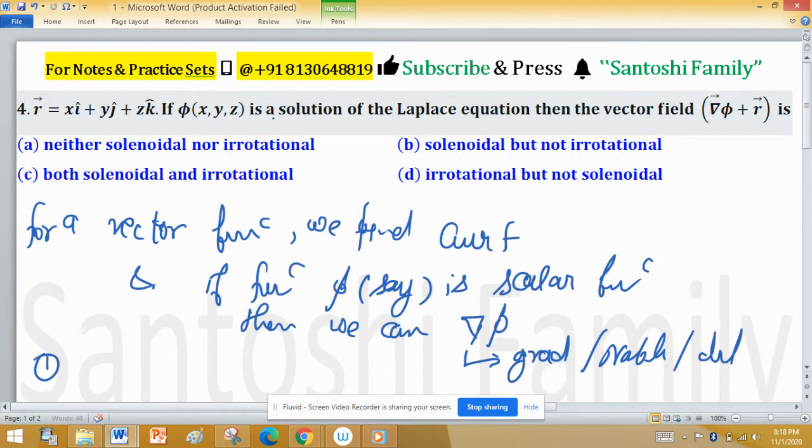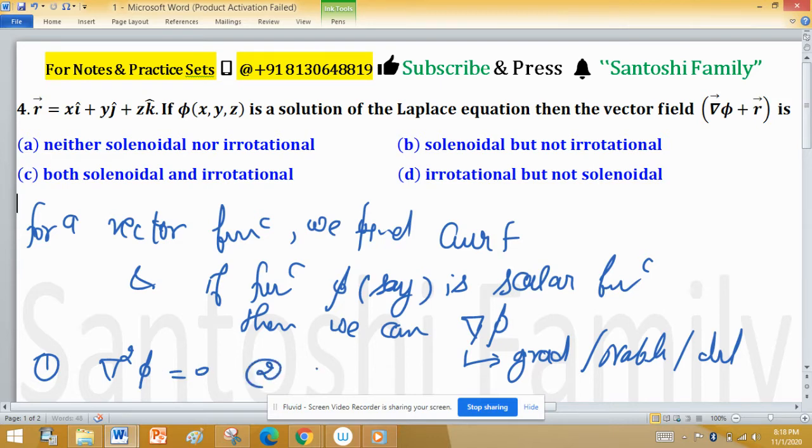As phi is given to us as a solution of the Laplace equation, that means nabla square of phi is 0. That is the way I pronounce it. If phi of x y z is the solution of the Laplace equation, that means nabla square of phi equals 0.